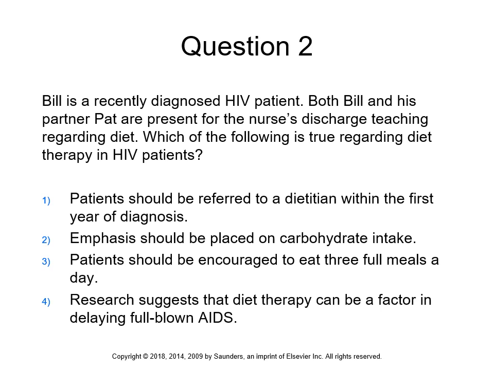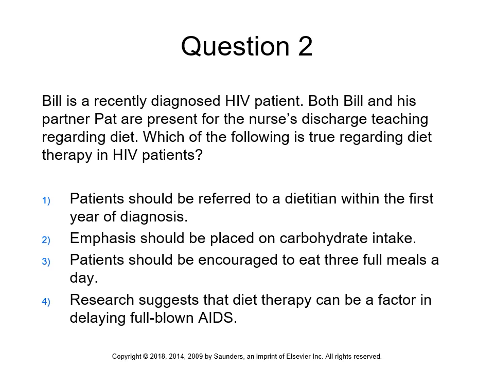Number 1, patients should be referred to a dietitian within the first year of diagnosis. Number 2, emphasis should be placed on carbohydrate intake. Number 3, patients should be encouraged to eat three full meals a day. Or number 4, research suggests that dietary therapy can be a factor in delaying full-blown AIDS.